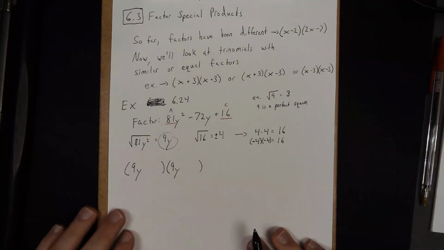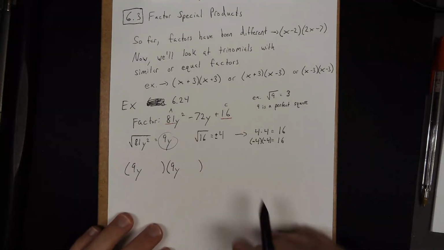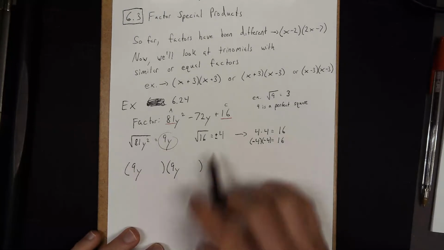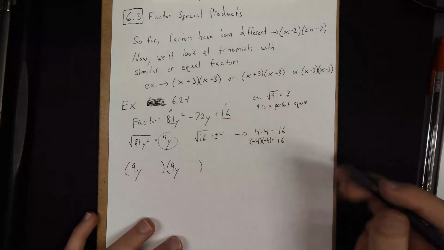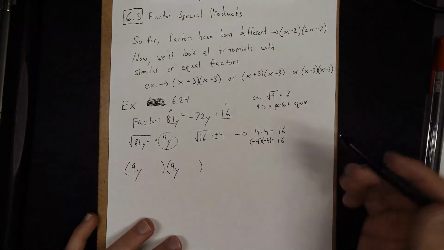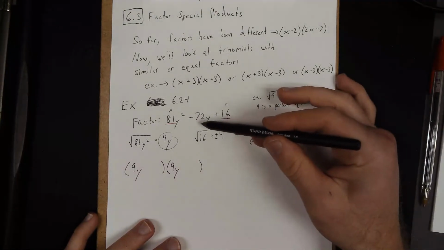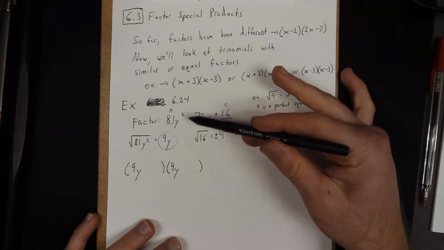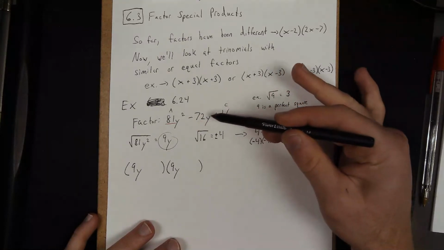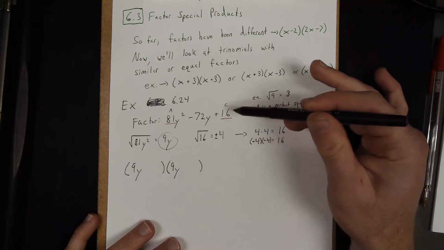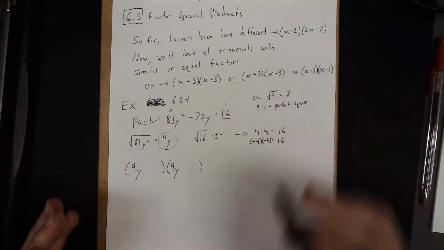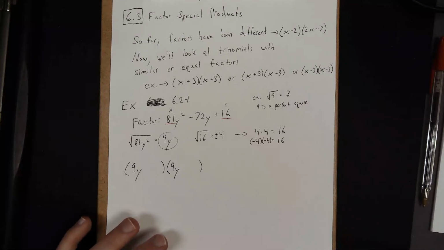Now, this last stage is just guessing and checking because we don't know if we're doing a plus or a minus 4. Now, you could look back and see, oh, we need a negative middle term. So if we need a negative middle term and a positive last term, that means we need two negatives being multiplied.